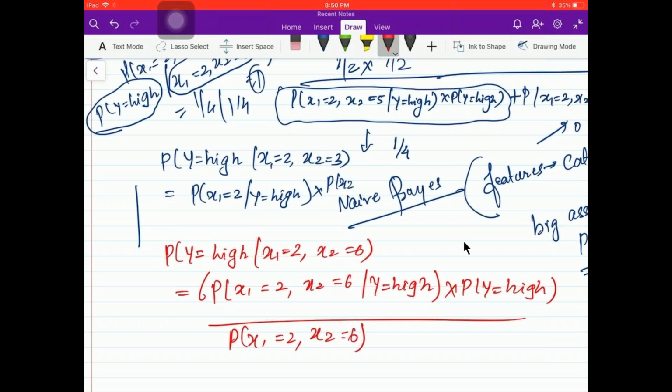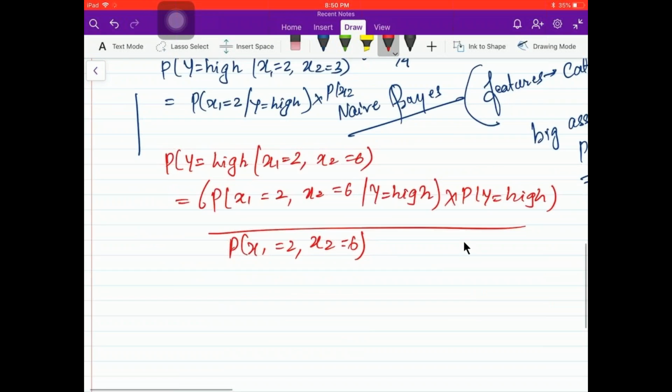Now you see, I give you 2 points, 2 and 6, and I say I want a prediction. What is the probability that y equal to high? So I write the same formula: the probability of x1 equal to 2, comma x2 equal to 6, given y equal to high, into P of y equal to high, divided by the denominator in the formula. This is where the assumption of naive Bayes comes in.